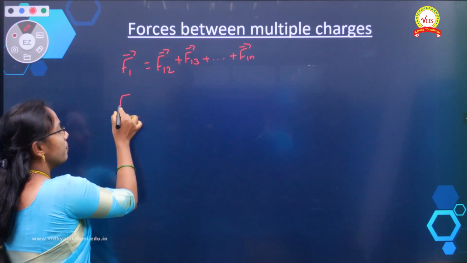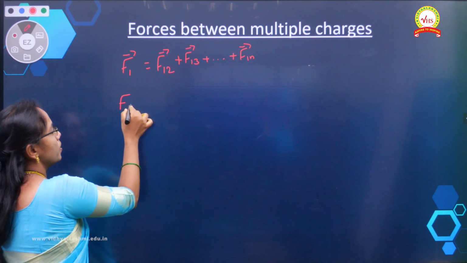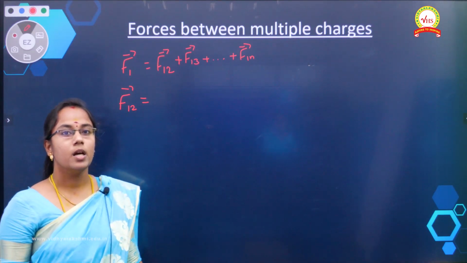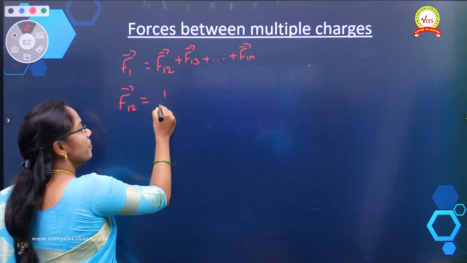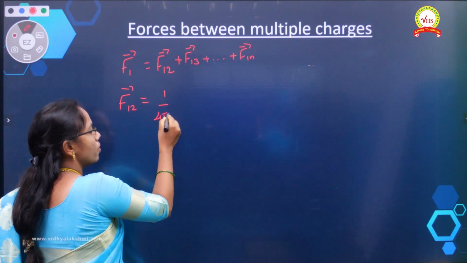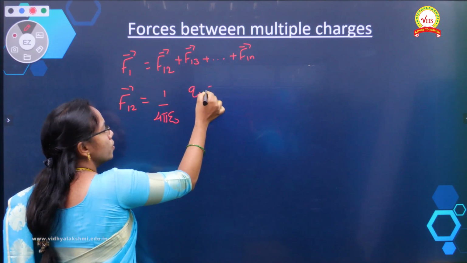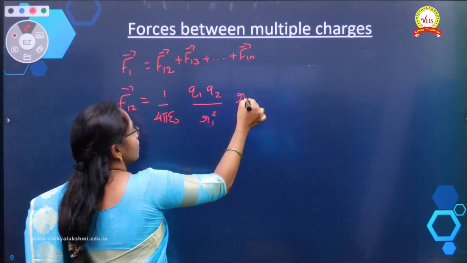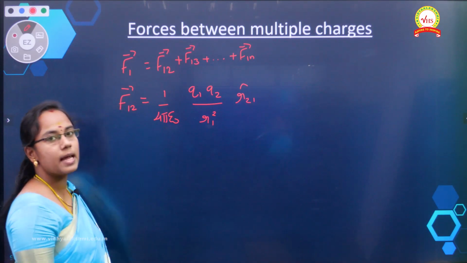Let's find them in their formula. F12, what do we know from Coulomb's law? F12 will be equal to 1 by 4 pi epsilon naught Q1 Q2 divided by R12 square, and R21 cap represents its direction.